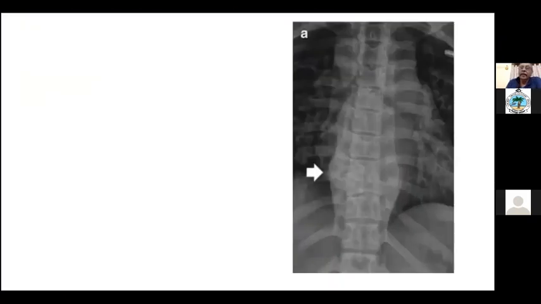So this is an X-ray of a 30-year-old male who came with low backache. There are no neurological symptoms. So what do you find in the X-ray? Who is answering? Akhil?